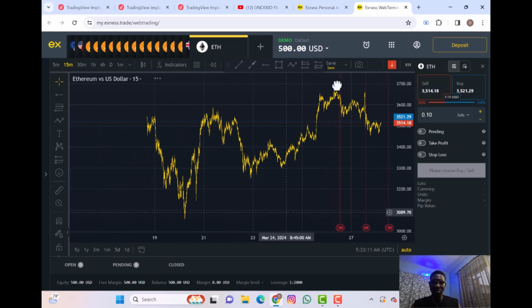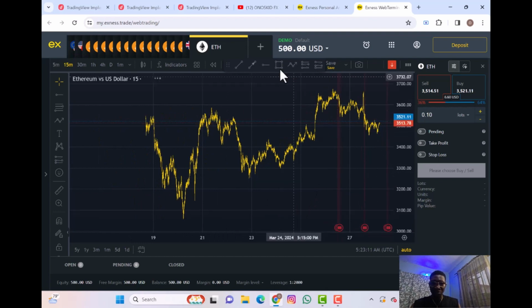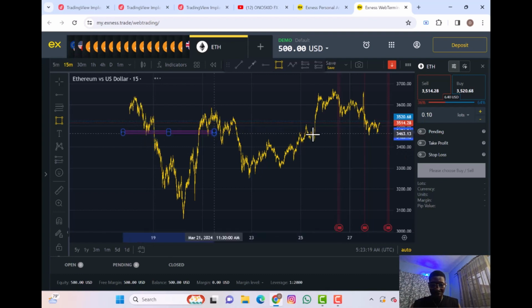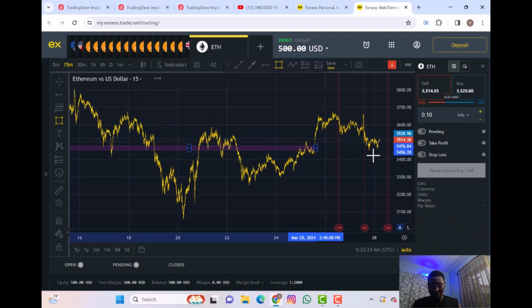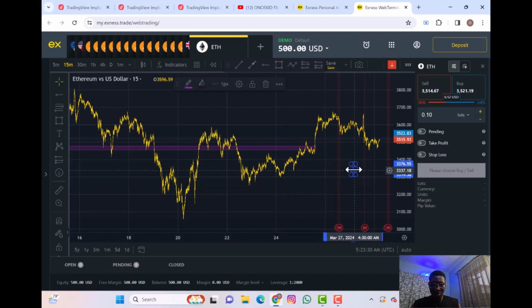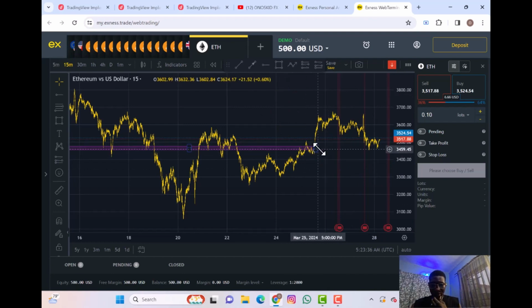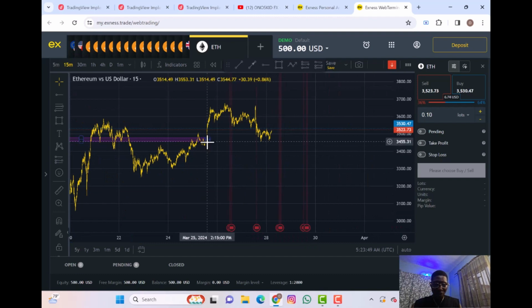So what I want to do is, the market has already given me a confirmation around here. What is the confirmation? I have my W pattern in check. So you can see that the market has already given us a kind of confirmation that this pair is going to rise to the upward direction.